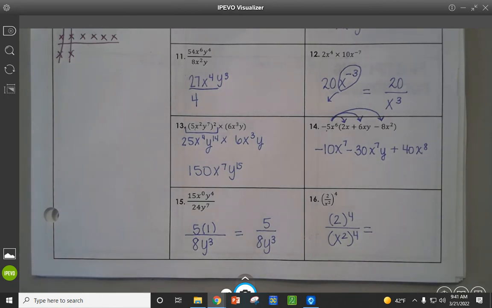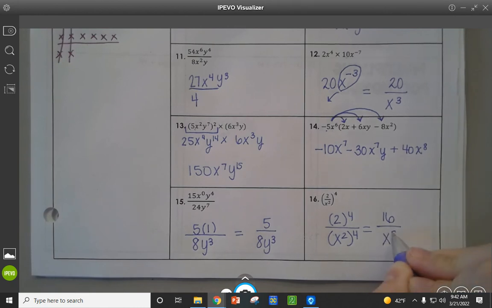Nope. Yep, 16. And what is x squared to the 4th power? X to the 8th. Not just 8, x to the 8th power. Because if you put an 8 there, that's going to be 16 over 8, which is 2, which is not right.